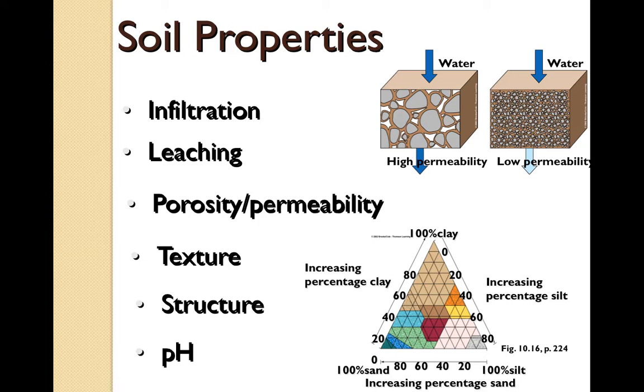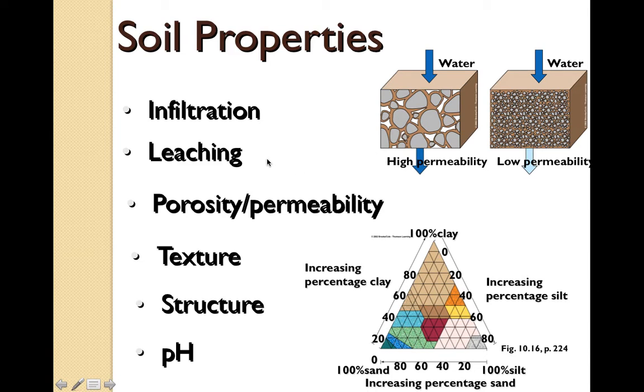If it has a high permeability, that means there's high pore space in between and the water can pass through, whereas low permeability will have less pore space, and water will be caught or trapped in that particular area.